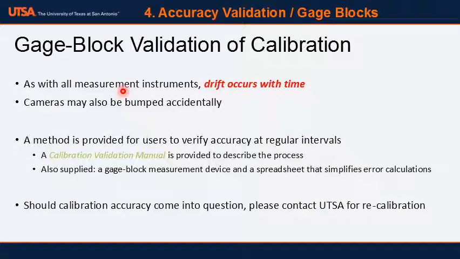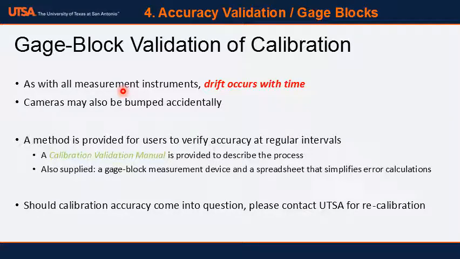So, as with any measurement instrument, drift can occur over time. And this is something that also happens with wire pods, linear potentiometers. They all drift and they all have to be recalibrated over time. So this is a natural process. Also, you may accidentally bump the cameras and shift things, so you may want to test it to go, well, I wonder if this did something to it. Let me see if the accuracy is still where I want it to be.